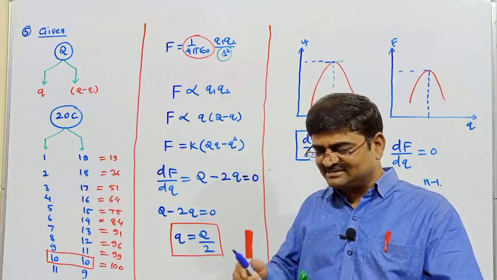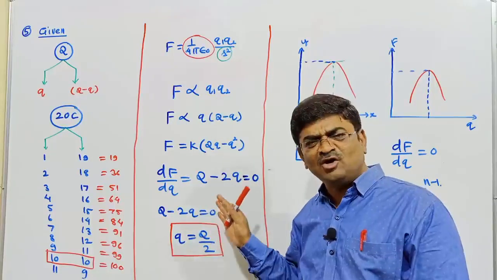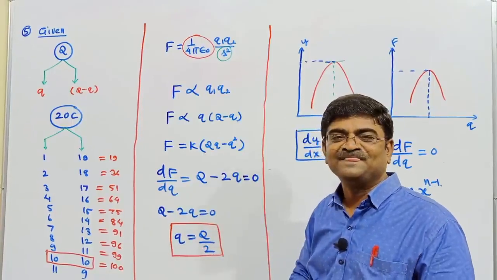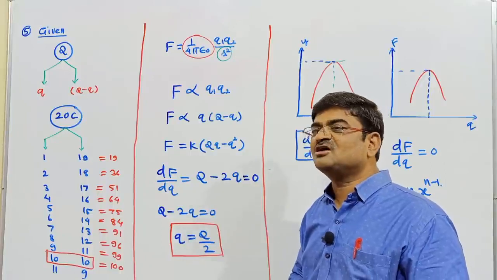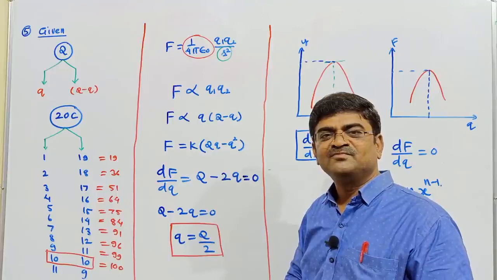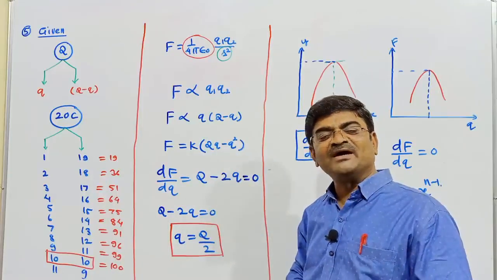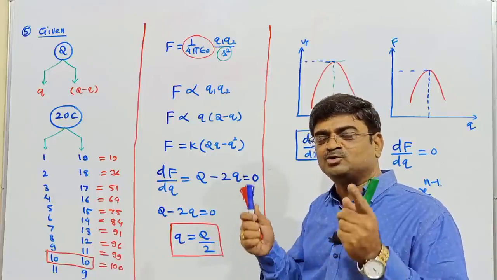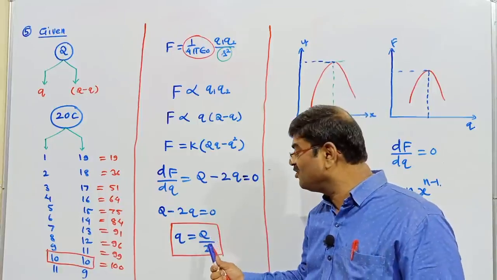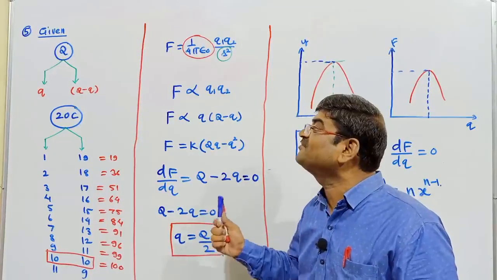But as I said, that's a rough method to understand. Exactly you will not have to go like this, you do not need to work it out in the competitive exam. What you need to remember is the result. A given charge, if divided into two parts with different possible pairs, then you will have maximum force for those two divided parts which have equal value, and that equal value is half of the given charge.